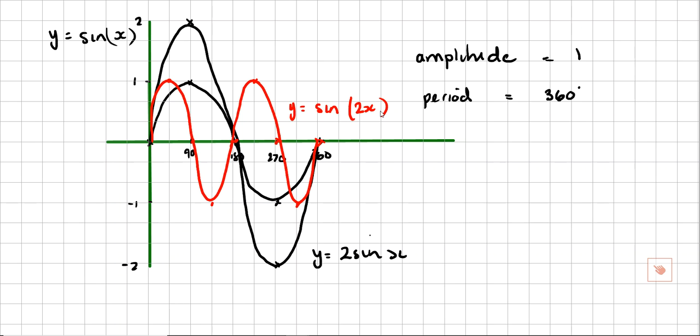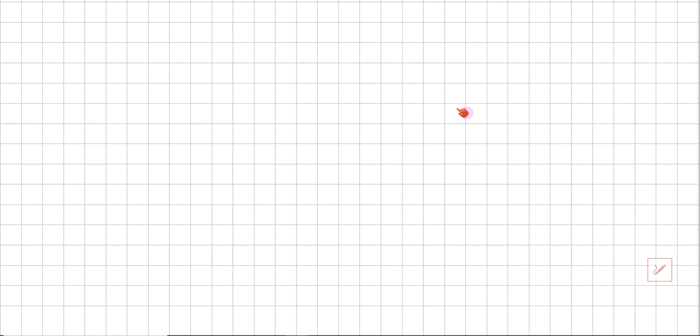Because of that 2, how many times? The period of that would be 360 divided by 2. So the period is always 360 over, and then how many full ones fit in the 360? Yes. Yeah. All right.